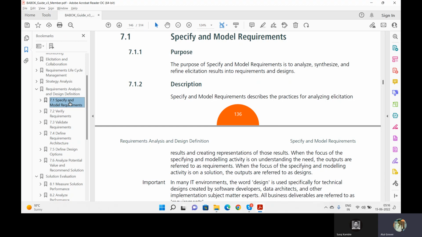What they say specifically, the purpose of specify and model requirement is to analyze, synthesize and refine the allocation result into the requirement and design. Sometimes I got confused, I read it as specify the model requirement, but they say specify and model requirement. So it means the requirement which you got from the allocation step should be very specific now, that आपको actually में करना क्या है.